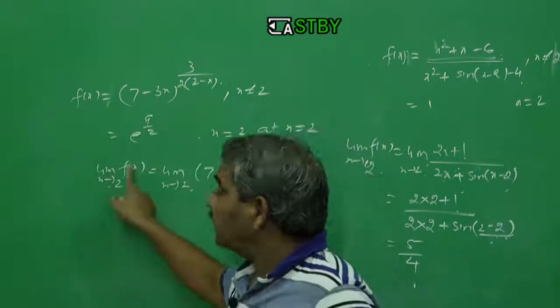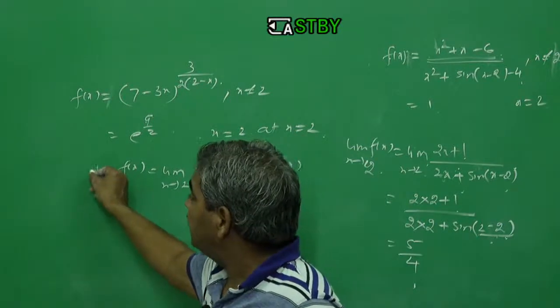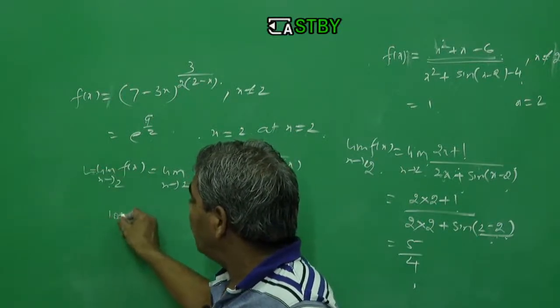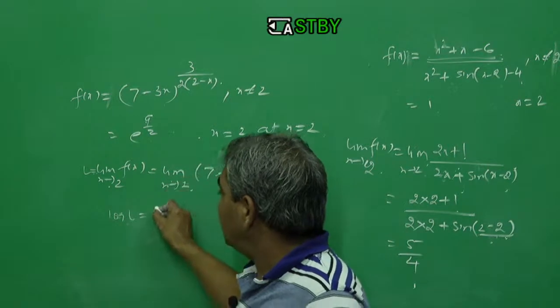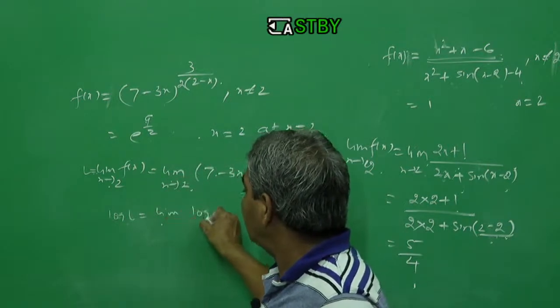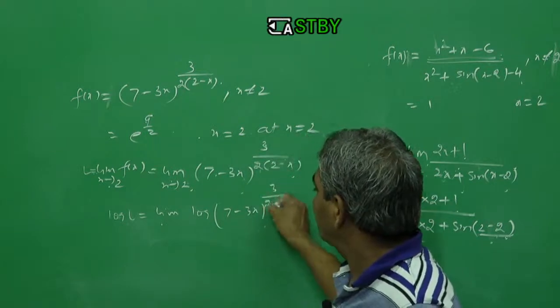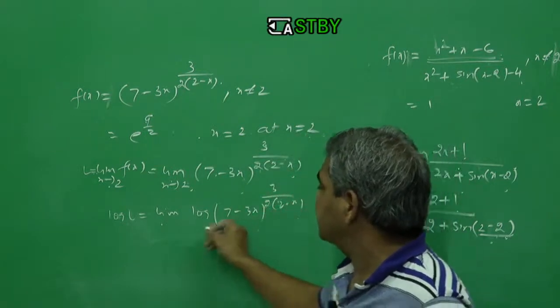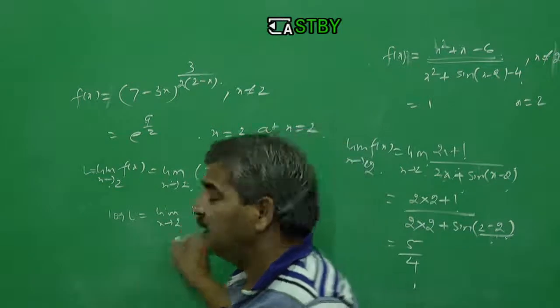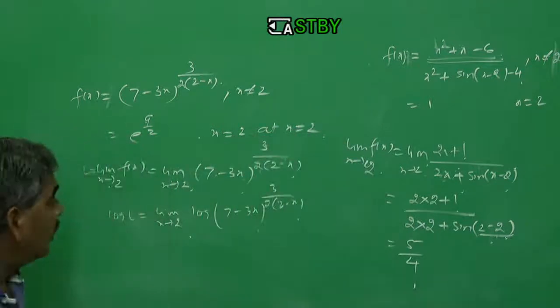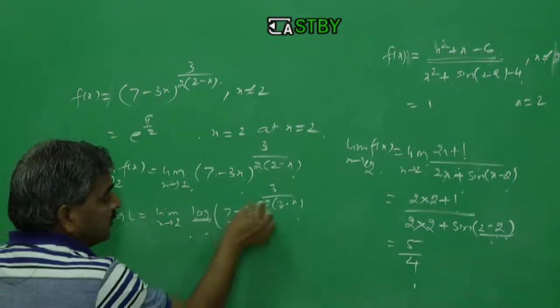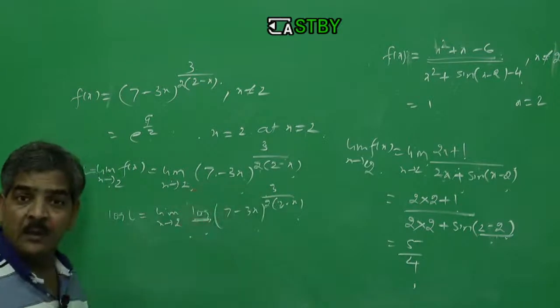Okay, if I take log on both sides, if I call this limit as L, so log of L is equal to limit of log of (7 minus 3x) raised to 3 upon 2 into (2 minus x), x tends to 2. It is correct. Now this log says what? Shift index as multiplier to the logarithm.